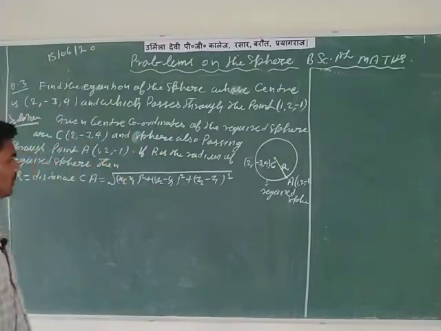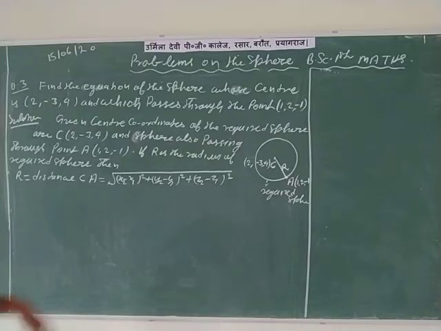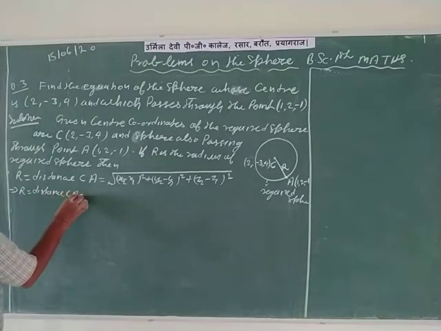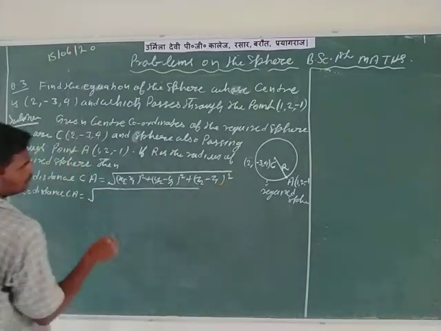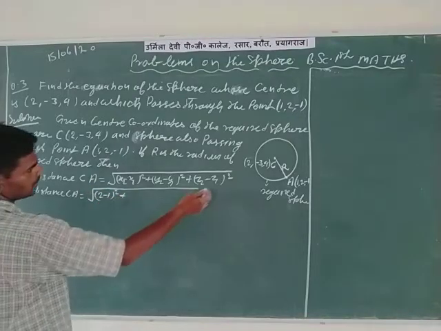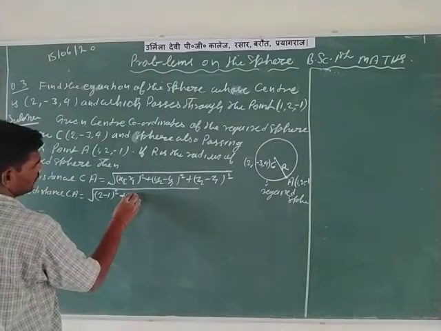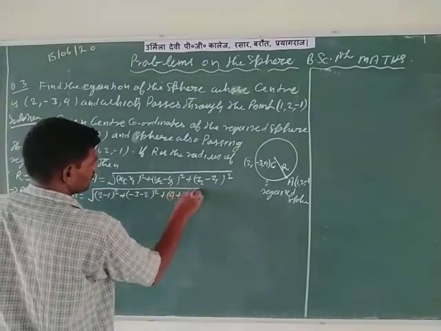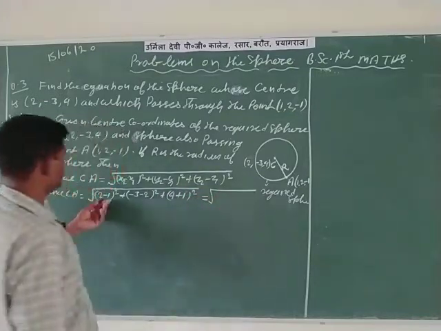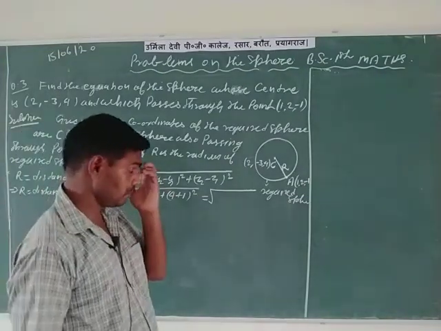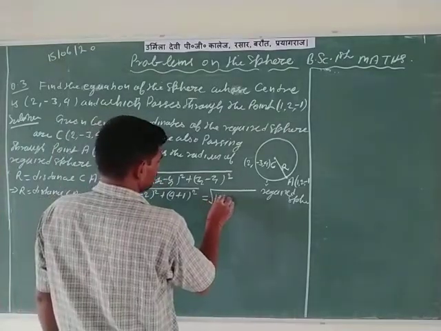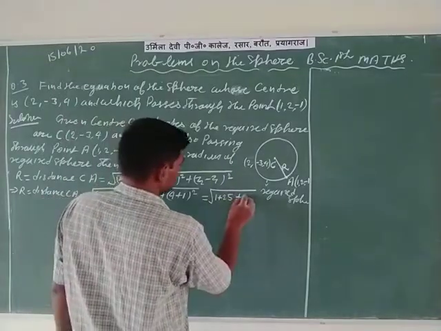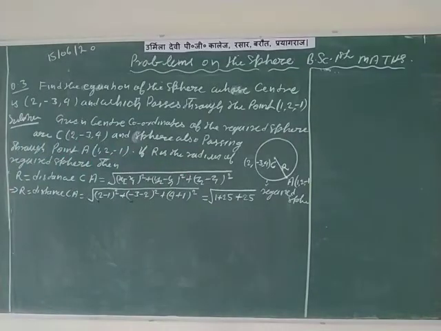Putting these values in this equation, the radius R, meaning the distance CA, is equal to the square root of (2 minus 1) whole square plus (-3 minus 2) whole square, and the z components are (4 minus 1), plus 1 whole square, which is the square root of 1 plus 25 plus 25. So the radius R is equal to the square root of 51.